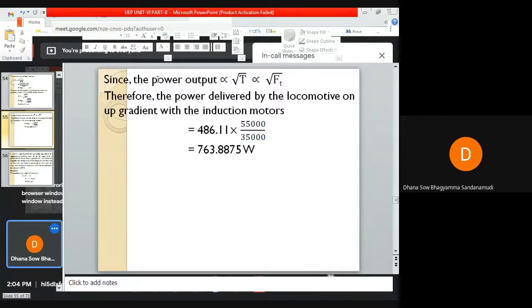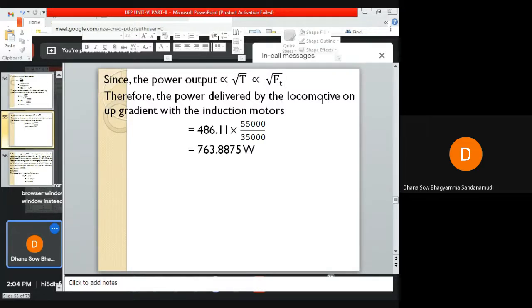Since the power output is proportional to the torque and to the tractive effort, Ft is the tractive effort, so its power output is directly proportional to the tractive effort.